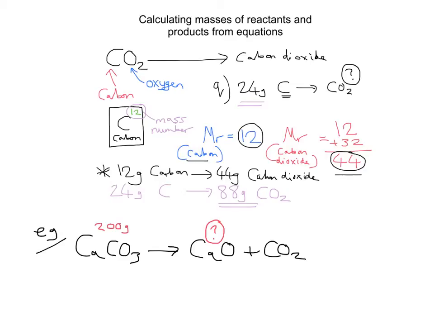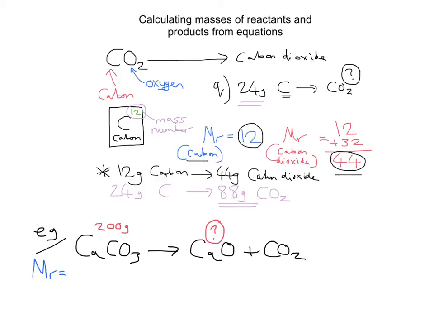So again, we need to do this almost like a ratio. We need to work out what the relative formula mass, the Mr, would be on both sides. So to work out the relative formula mass, we need the atomic mass of each of the components. So let's work that out.